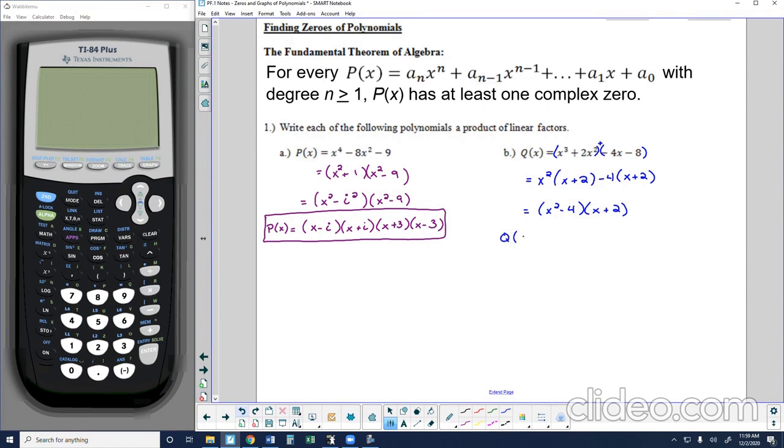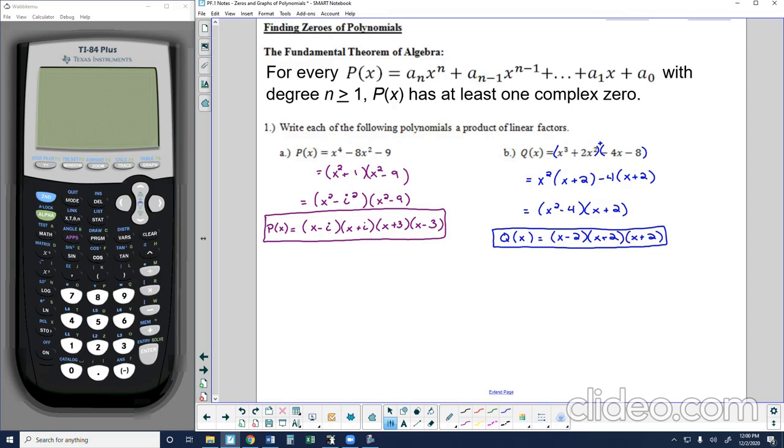So we want these again to be all linear, so this would end up being x minus 2 and x plus 2 as conjugates of the square roots of these two terms, because it is a difference of 2 squares, and then another x plus 2. So I'm going to go ahead and write this out as just the product of the 3 linear factors, not worrying about writing x plus 2 squared just yet. You could. So the goal here is to factor these completely until we get down to all of the linear factors.